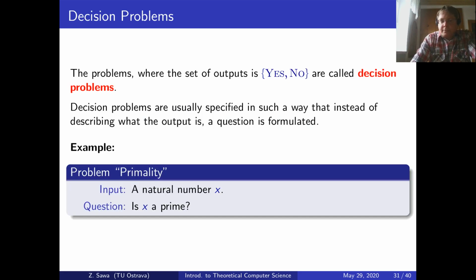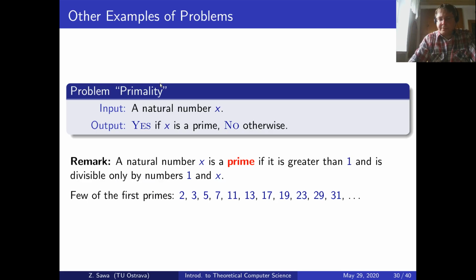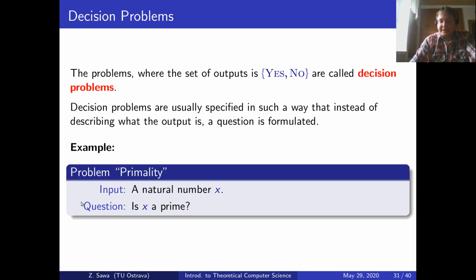By the way, maybe I have already mentioned it in some lectures before, but I recall that those problems where the output is yes or no are quite common. For such problems we typically do not specify the output by saying that the output is yes if something holds and no otherwise, but we instead formulate it in the form of a question concerning the given input instance.